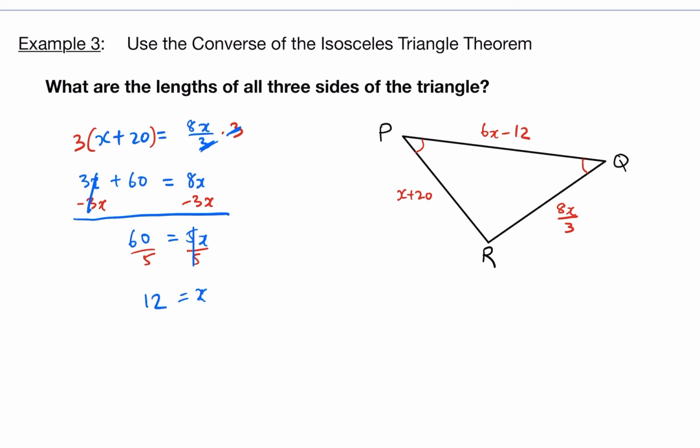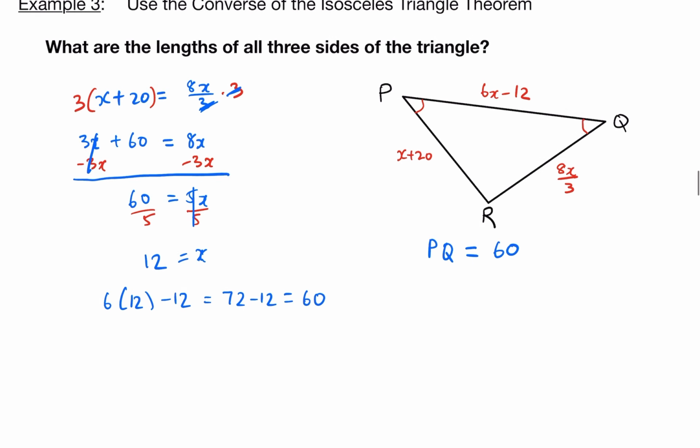So the length of this side is going to be 6 times 12 minus 12, which gives us 72 minus 12, which is equal to 60. So we know the length of side PQ is equal to 60.